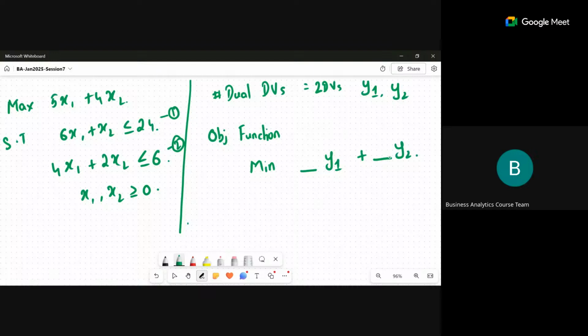Why? The hack is basically for every constraint there is a decision variable. So whatever is the RHS, pull that and keep it over here. That is fine. But why? Any idea why you give 24 into y1 plus 6 into y2?